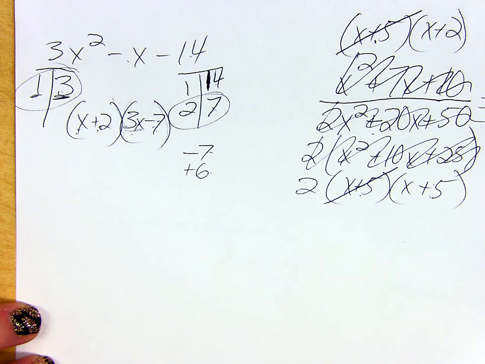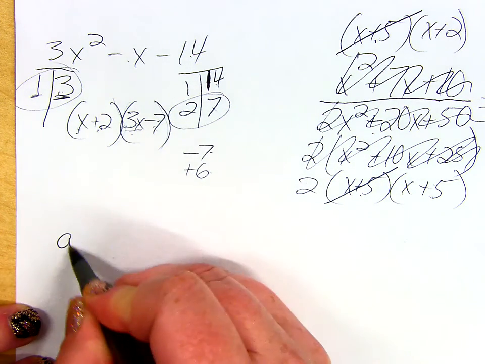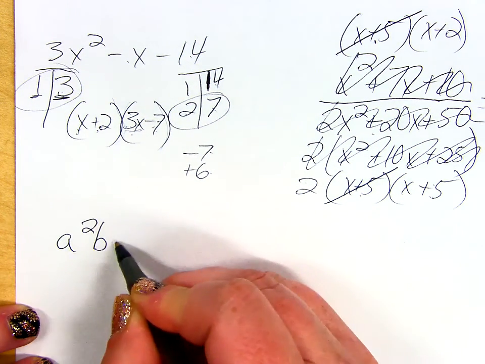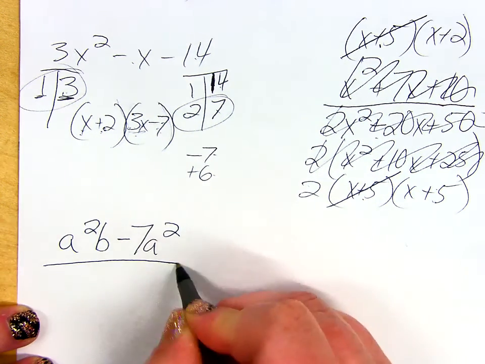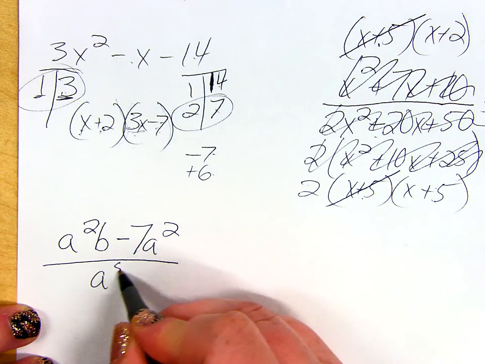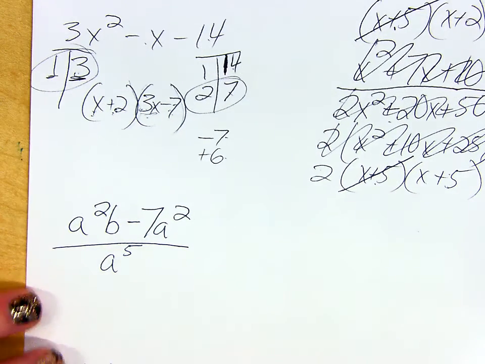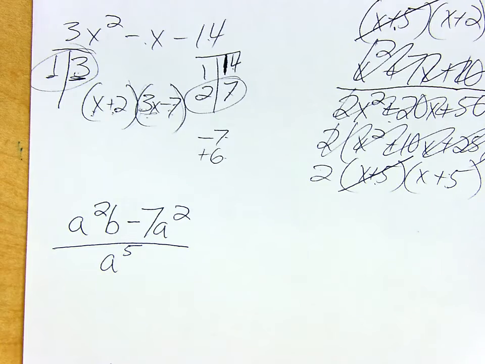Let's try, trying to pick one that's not so bad to start off with. All right, that one's not so bad. What if I had a squared b minus 7a squared all over a to the 5th? So your rules are still the same.